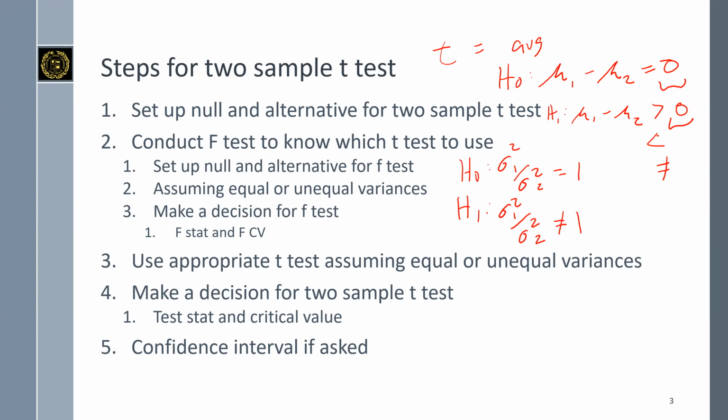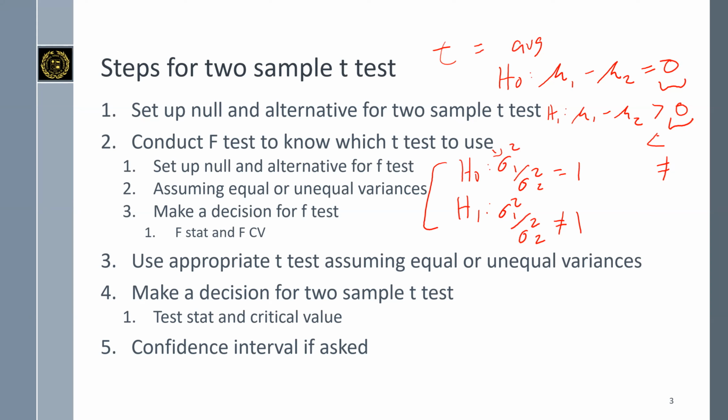Now, anytime you conduct a test, you're going to need some type of critical value, you need some test statistic, and you make a decision. The reason we run an f-test is because it's very rare for us to know our population variance. So instead, we have our sample variance. That's why we run our f-test, to assume equal variance or unequal variance.